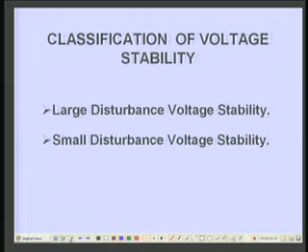Now, for studying voltage stability, we always divide this stability phenomenon into large disturbance voltage stability and small disturbance voltage stability. This classification is similar to that for angle stability. We just define the large disturbance voltage stability.